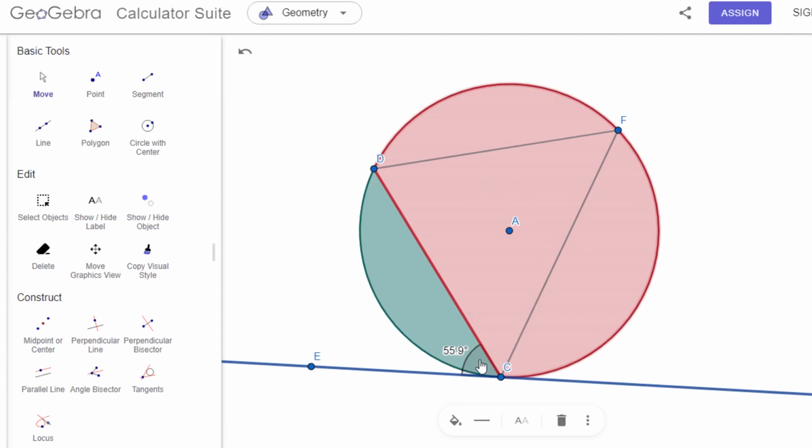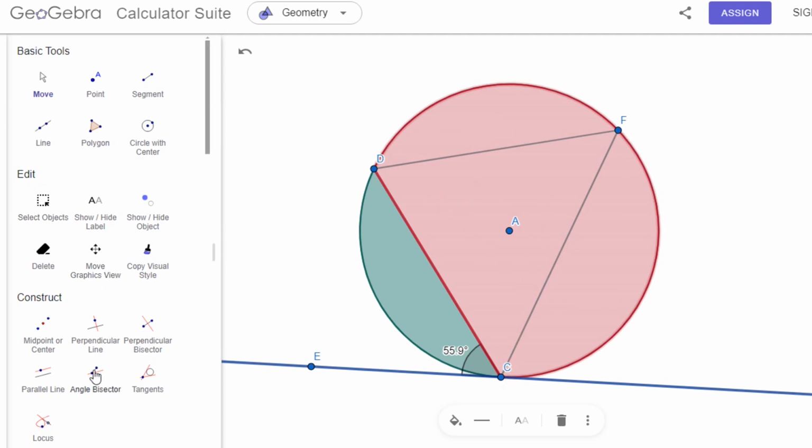This angle that we have measured is in the green segment, not so? This segment at this side of the chord. So the alternate segment to this green segment is this segment in a red color. So that's what it means.